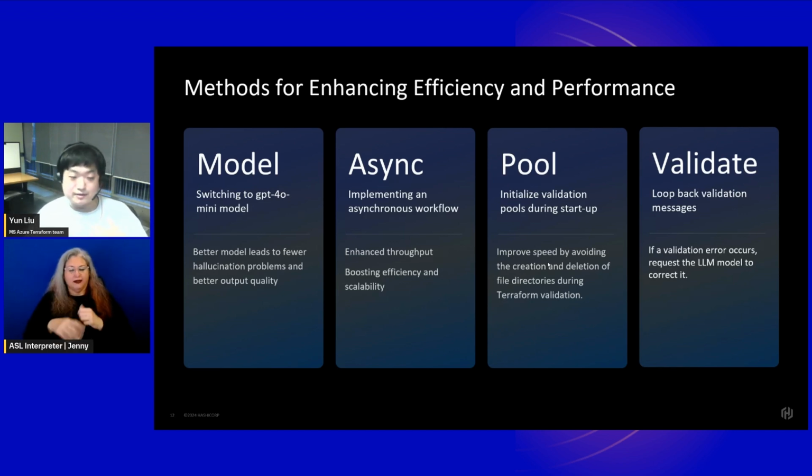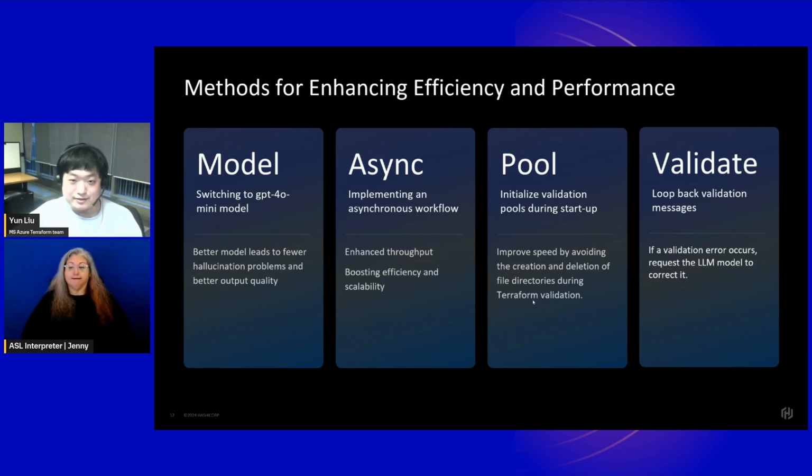But if the LLM can autocorrect, meaning that if we tell the LLM where the generated content is not correct and ask it to fix these issues, the LLM can actually help us do this. So this is also good if you are building your own generation service. If you have a compiler or a validation service, make sure to use it, and using this validation loopback will definitely help you with the performance.